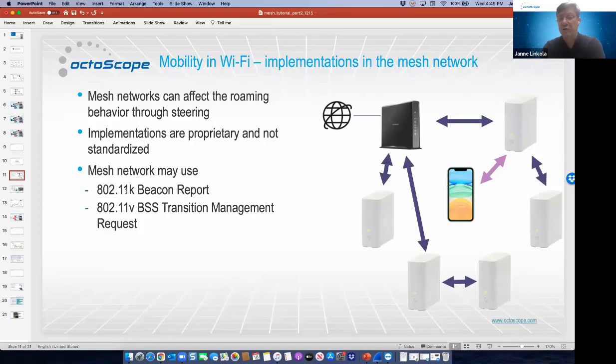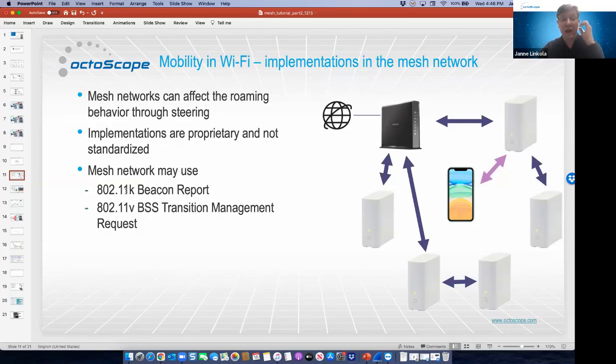This is a mechanism for the access point to ask the station's point of view how it sees the various access points. It's basically, can you give me the RSSIs of all these access points in the mesh? And it can take that into further consideration when it's making its steering decisions.